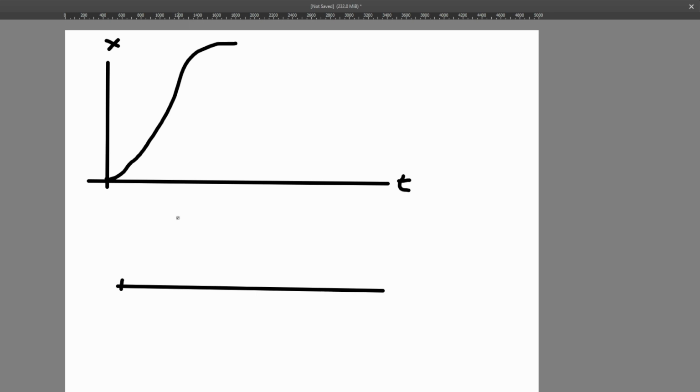We see that the car's speed is increasing here, and it's increasing faster here, and increasing slower here, and then it's pretty much near zero here. So the graph tells us information about the speed of the car, and this concept of speed is going to come up in a lot of other areas.